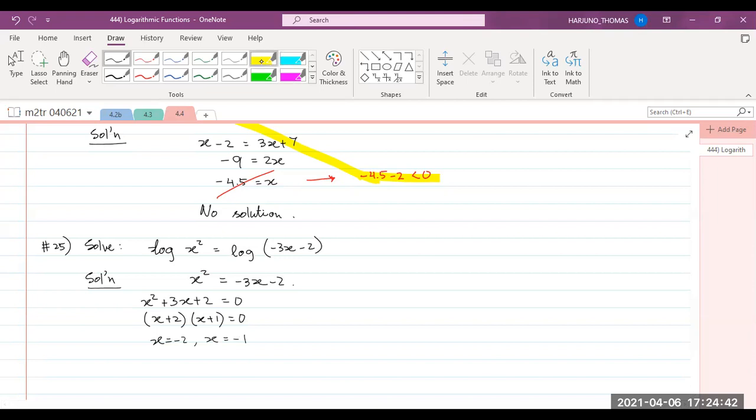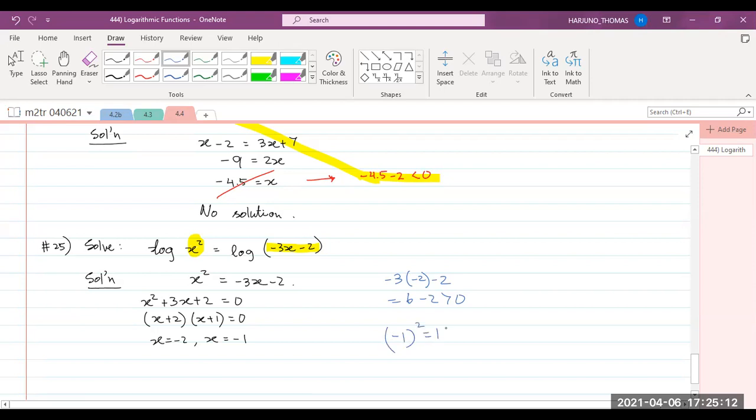Now, you plug that -2 here. -2 squared is +4. That's okay, right? -2, plug that in here. Let's see. -3 times -2 minus 2. That's 6 minus 2. That's positive. So -2 is okay. How about -1? -1 squared is 1.